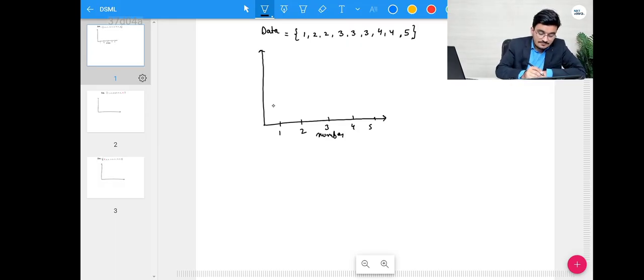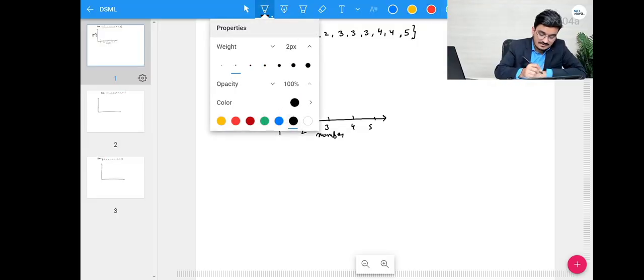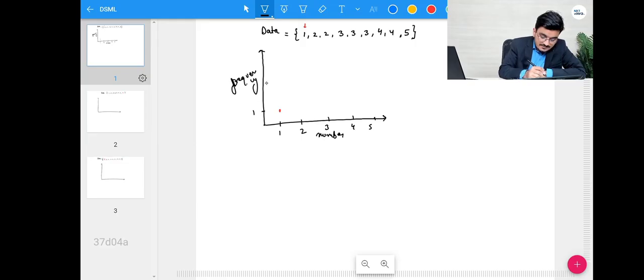Okay. And on the y-axis, I'll show the frequency of these observations. Now let's count how many times 1 occurred in our data. It only occurred once. We'll plot 1 here. Let's just label the y-axis as well. This is 1. This is 2. This will be 3.